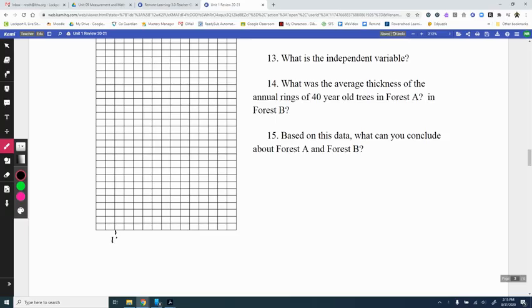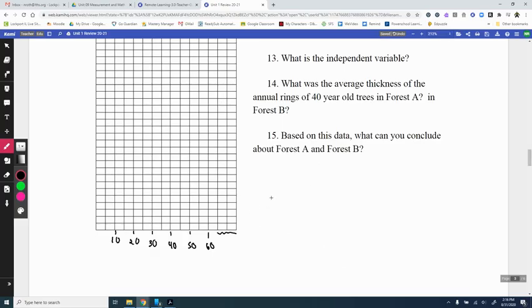So 10, 20, 30, 40, 50, 60. Okay, so there is a little bit of empty space over here, which is not ideal, but that's the best we can do. And sometimes that's all you can do.